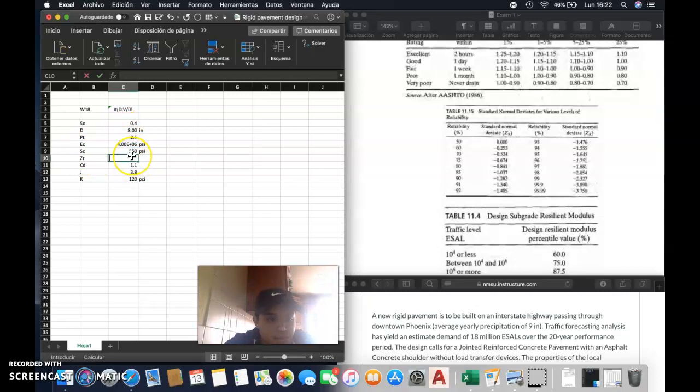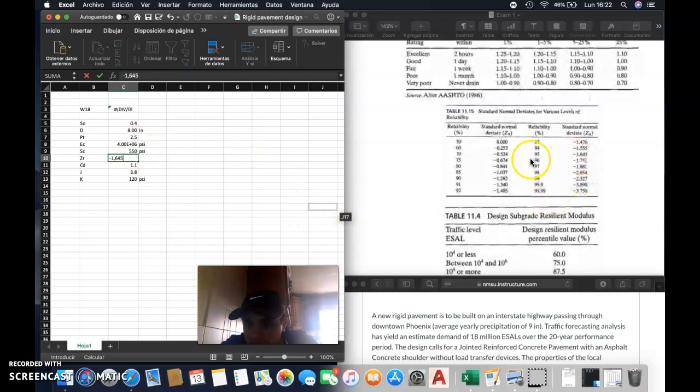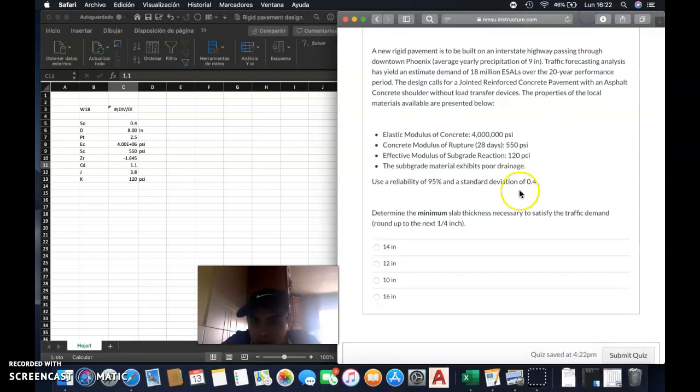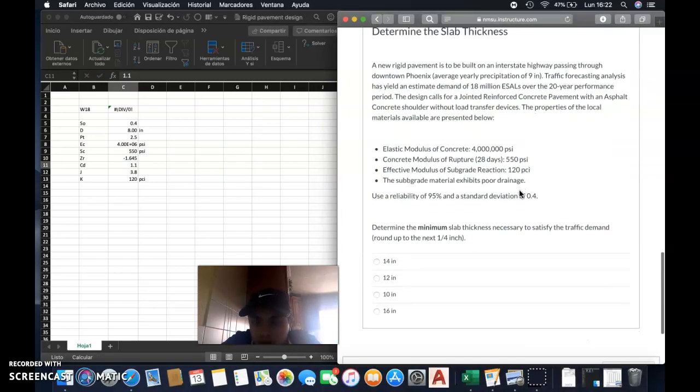It's in this part. We check 95, minus 1.645. Okay, we come back to the problem, and that looks okay.